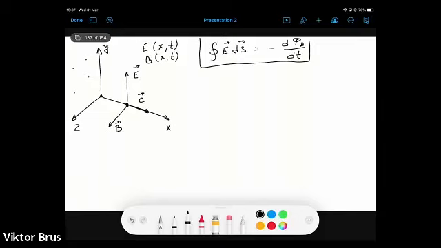For this purpose, let us consider one more figure. So here will also be 3 axes, z, x, y. Let us select some rectangular contour.